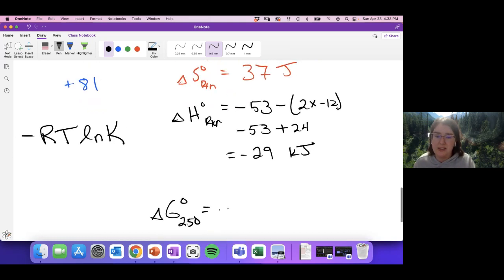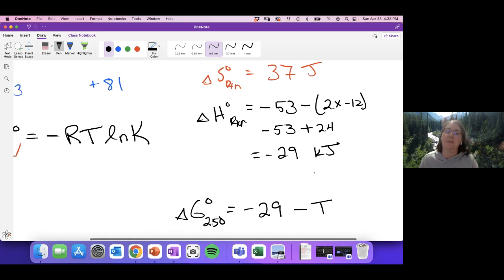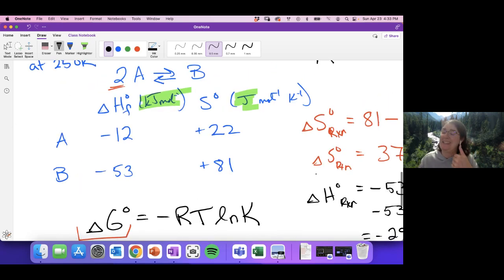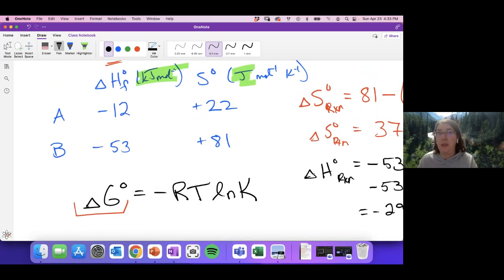Now, the weird thing here is that these values of delta H, my enthalpy, and my entropy are actually from the 298, the 25 degrees Celsius. As long as we haven't had a phase change, as long as everything is still in whatever phase it was originally in, and since I'm just dealing with A's and B's, we're going to assume that the values of delta S and delta H change very little with temperature changes.